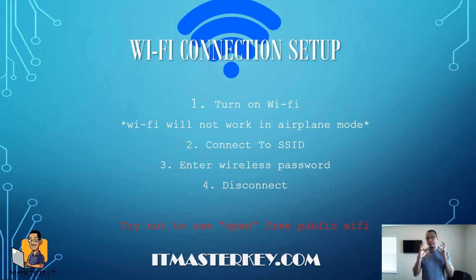So if you can help it, try not to use it. A lot of times you don't have to use Wi-Fi because most cell phone providers' signal strength is good enough that you don't have to actually connect to Wi-Fi. If you're in the house or on a trusted network, you can use it. Other than that, I wouldn't do it, okay?